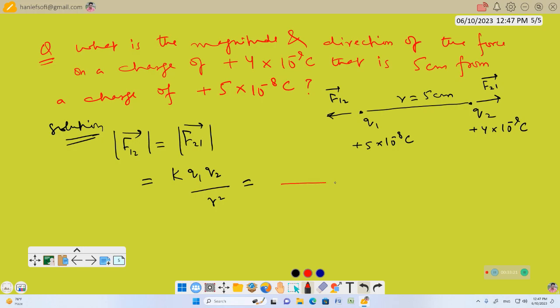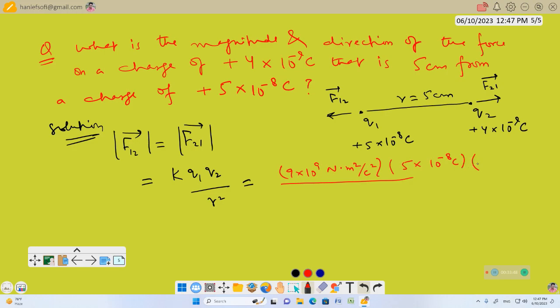K is 9 into 10 raised to 9 Newton meter square per coulomb square in SI system. And you have Q1, and since we're talking of magnitude, we don't need to write plus. It's just 5 into 10 raised to minus 8 coulombs.